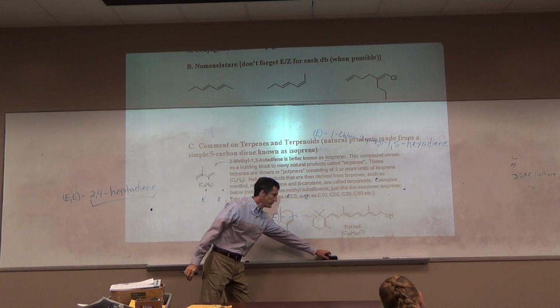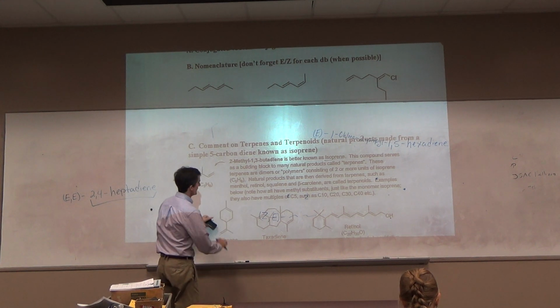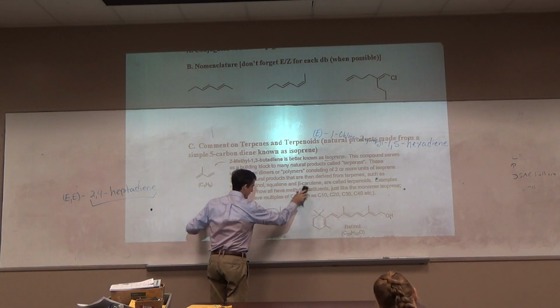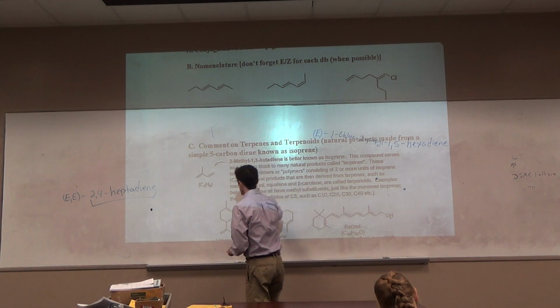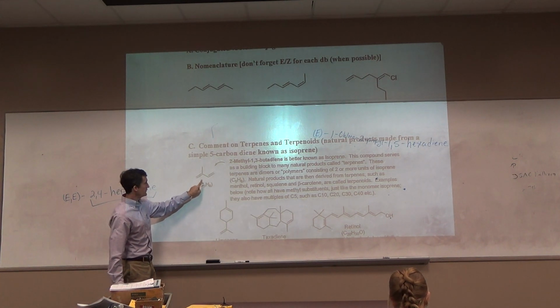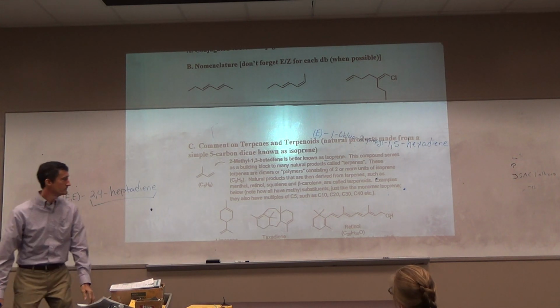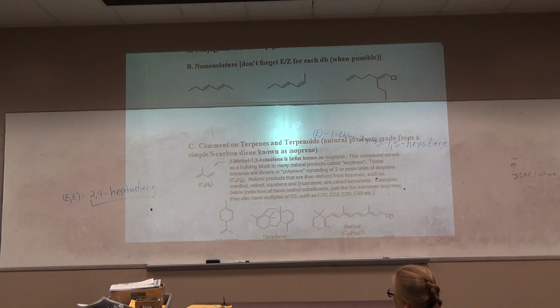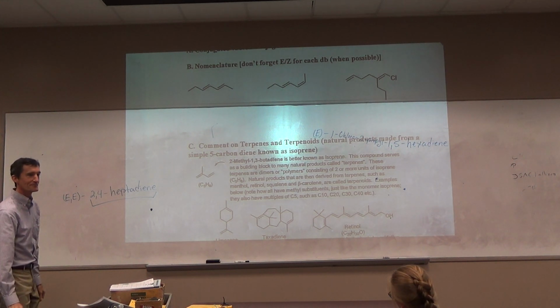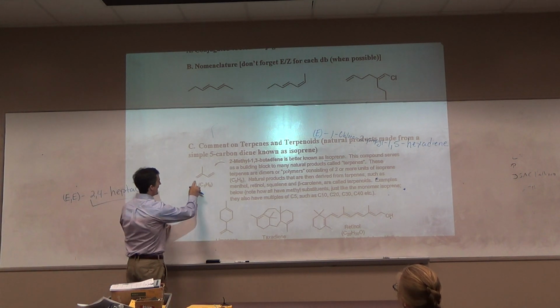Isoprene is a building block in nature, in many plants, to other organic compounds. Plants use isoprene to make other compounds. Where does the plant get the isoprene from? Home Depot. All right?